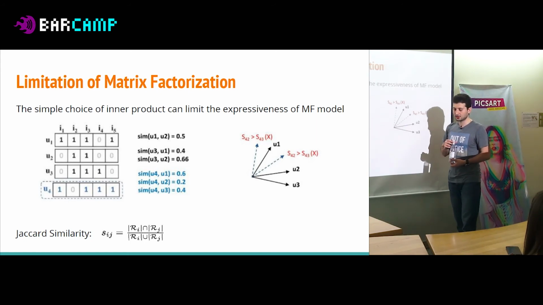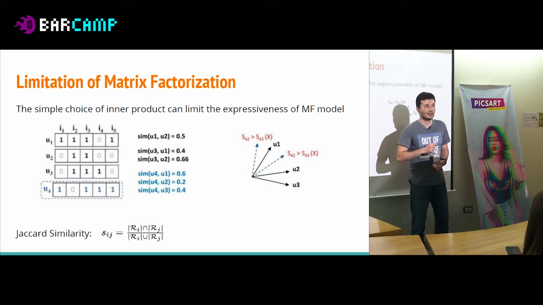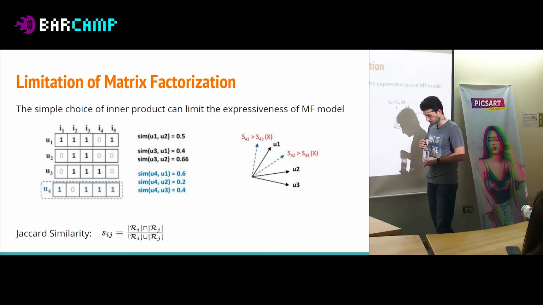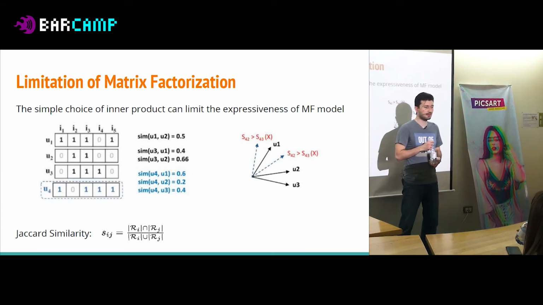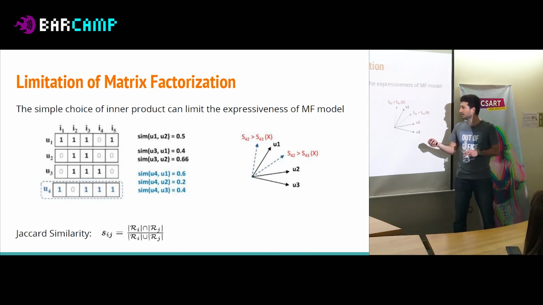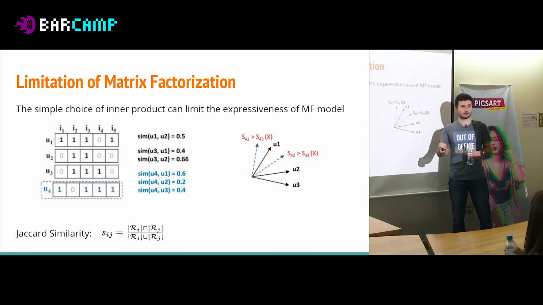And the second thing we should consider is that latent factors of the users and items in matrix factorization are placed in the same space. So inner product can represent the similarity between users as well, not just user and item.